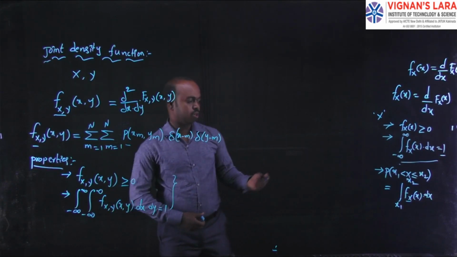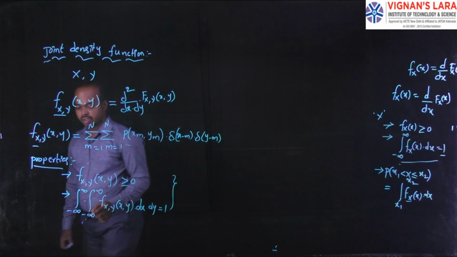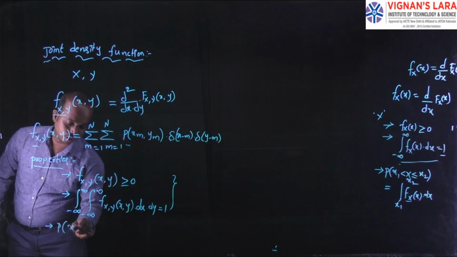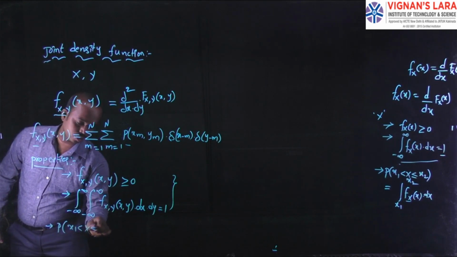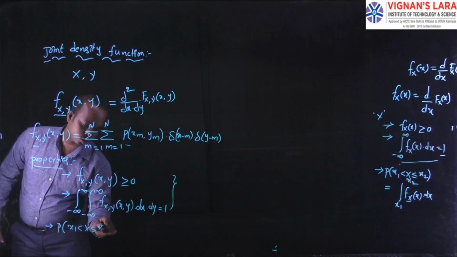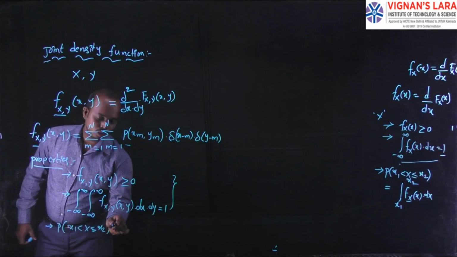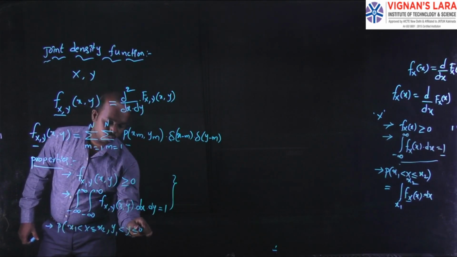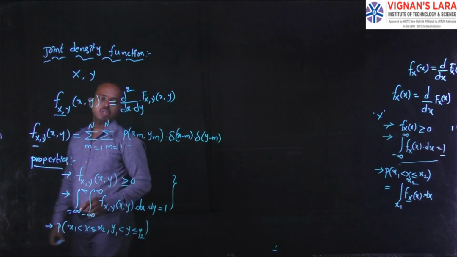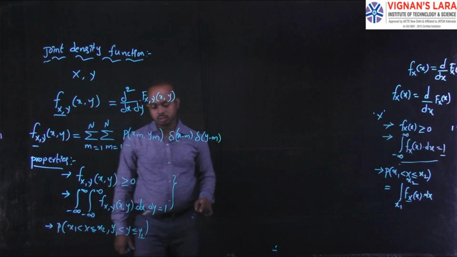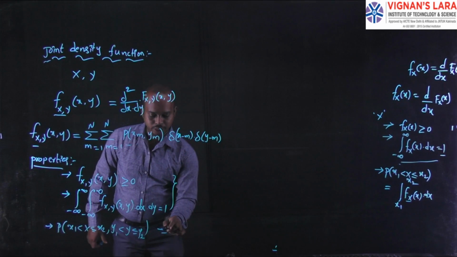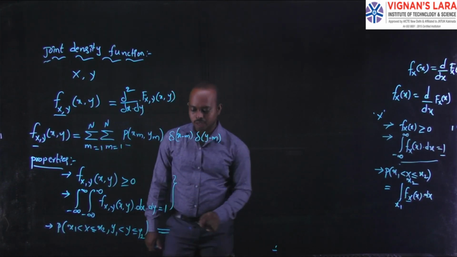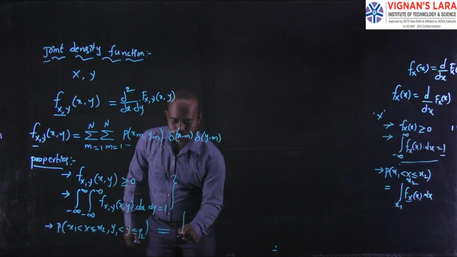Coming to the next one, the interval. We can consider the interval: the probability of x1 less than x less than or equal to x2, comma, y1 less than y less than or equal to y2. This one you can write with a double integration. Why? We have two random variables. That's why you can write it with a double integration.